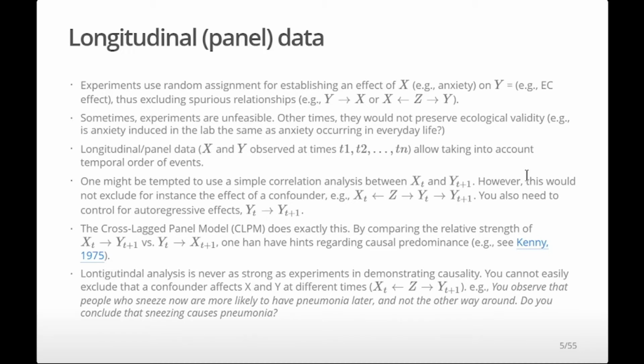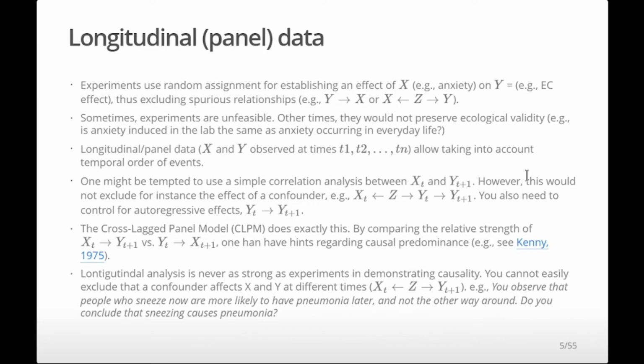So you say, okay, I will measure X at time t plus 1. What I measure is a regression in which this is predicted by X. And now I'm fine, right? Not much. If you assume that there is some stability in Y, so if Y tends to be stable over time, then you still have the same starting point. So this relationship between X and Y can just reflect a spurious correlation because of this counterpart.